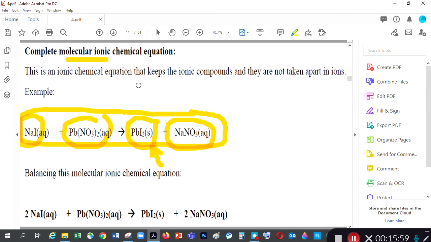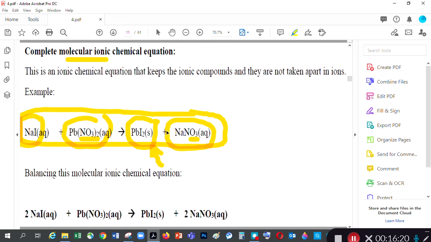Now we have to balance it first. We cannot go further without balancing it. We don't touch any subscripts; we touch just the coefficients. Looking at this, I have 2 nitrate as polyatomic ions here, and here I have 1.